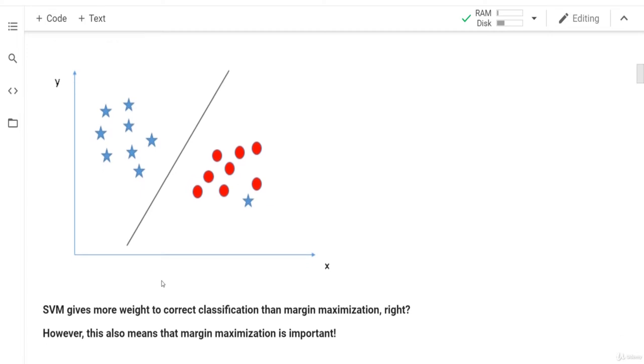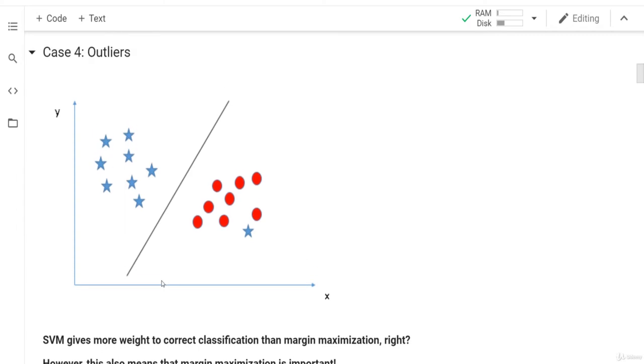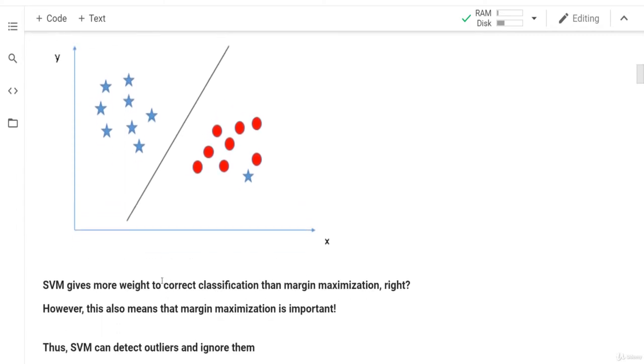While for the SVM, as we are going to see, maximizing the margin is important, right? So that's why if we have an outlier in our dataset, SVM will detect these outliers and ignore them. Because if we try to find a hyperplane that separates these two classes 100% correctly, this will be at the expense of maximizing the margin with a huge difference.